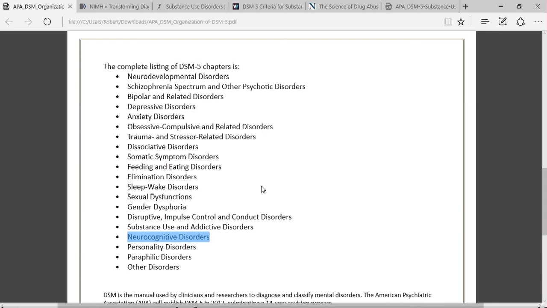It's horrifyingly confusing. Somebody was in the middle of a train of thought again when they were pressured probably to finish this manual. The whole concept of substance abuse here is messed up. It's no longer substance abuse. It's no longer substance addiction. It's substance use disorders.